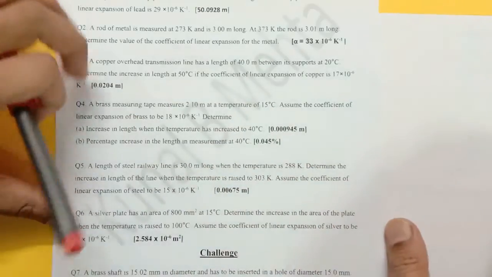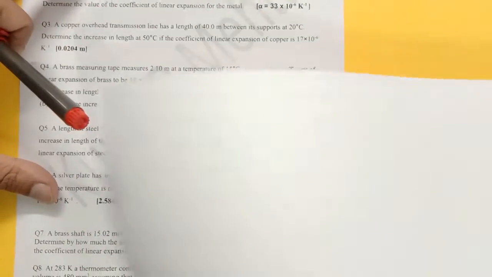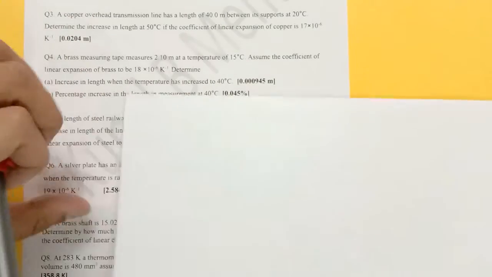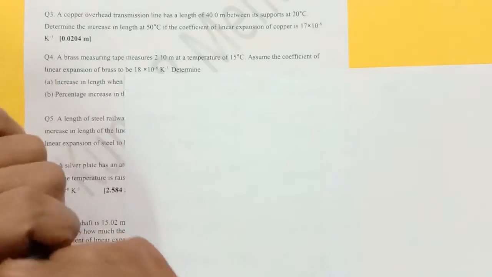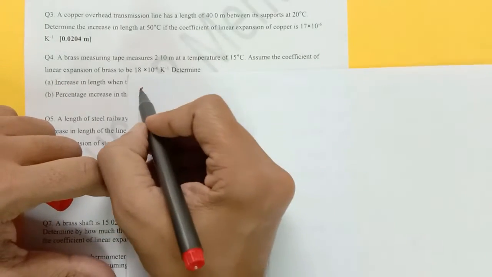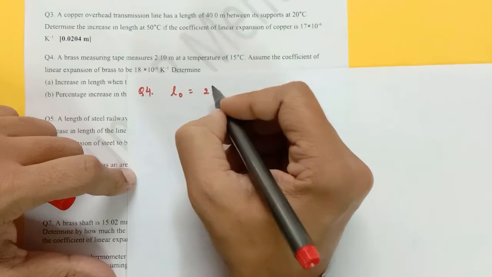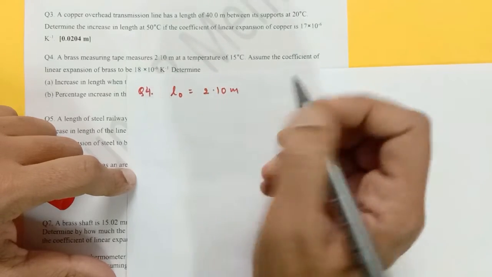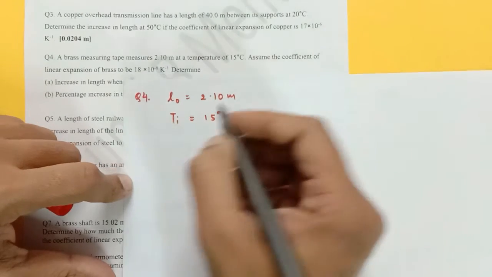So question number 4 says that a brass tape measuring this, so that means the initial length of the brass tape is given. Initial length L0 is given to us as 2.10 meter. Its initial temperature is 15 degrees Celsius.